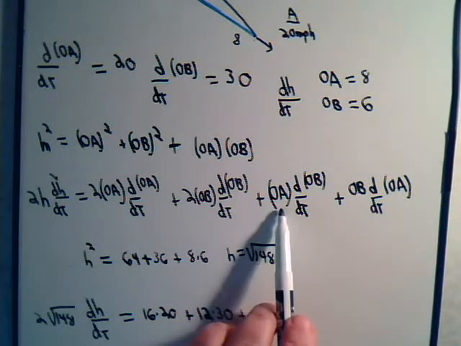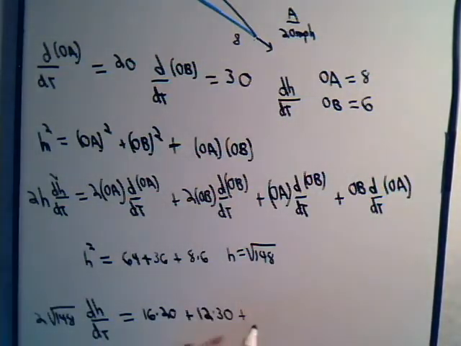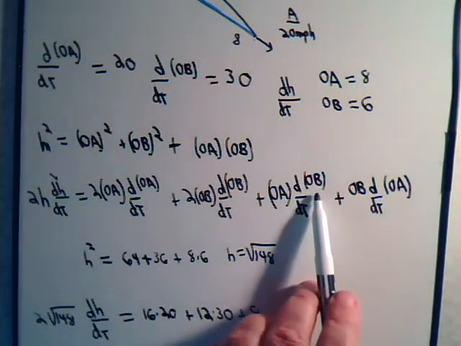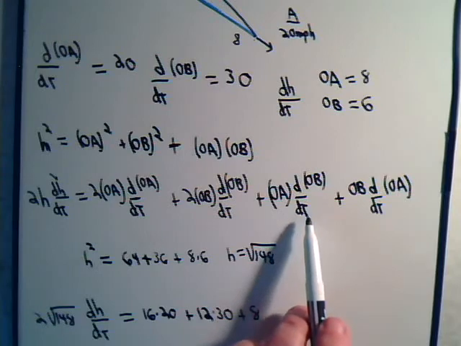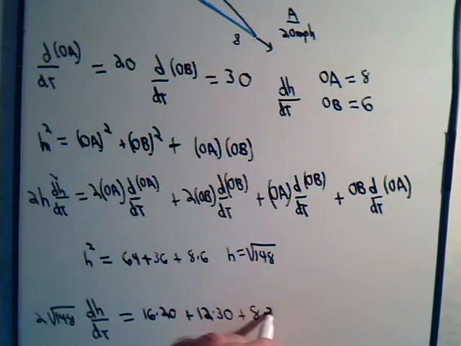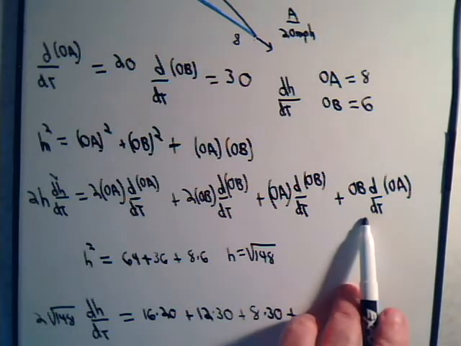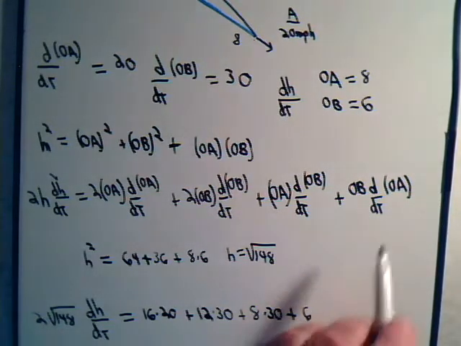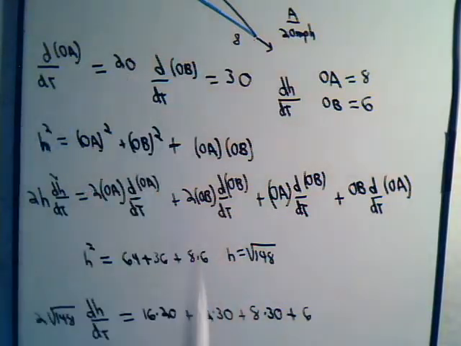Plus OA, that's 8, times dOB/dt, that's 30. Plus OB, that's 6, times dOA/dt, that's 20.